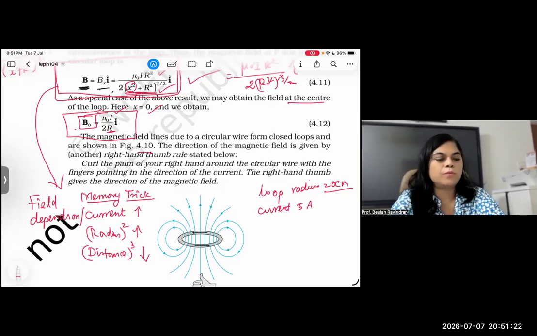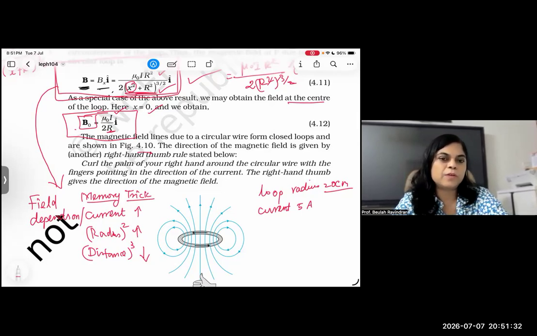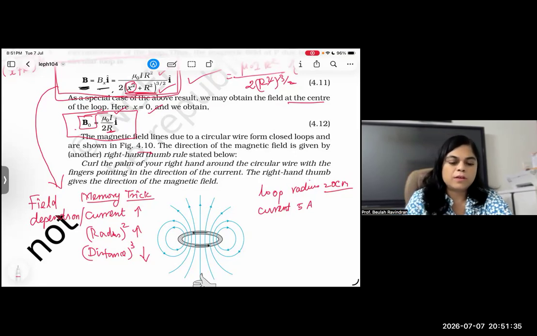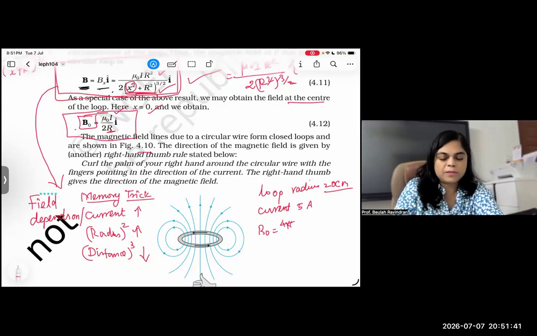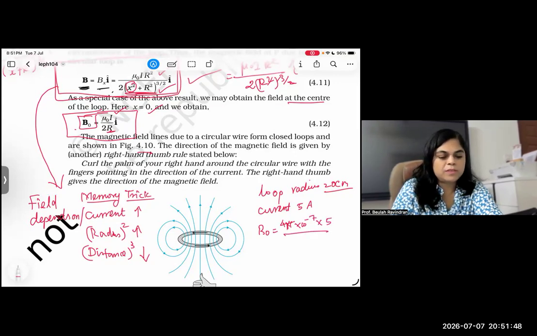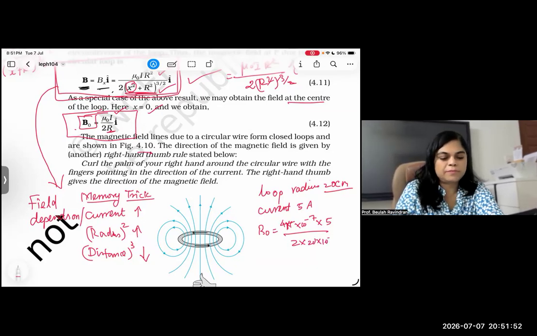You can substitute 4 pi into 10 to the power minus 7 for mu naught, and then calculate everything. Then you can find the field at the center. So B naught is equal to 4 pi times 10 power minus 7 times 5 ampere by 2 times the radius, which is in centimeter, you need to convert into meter.